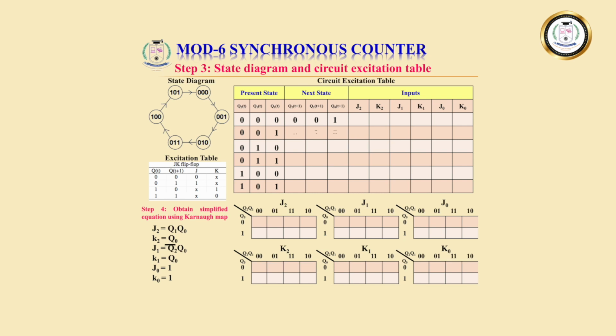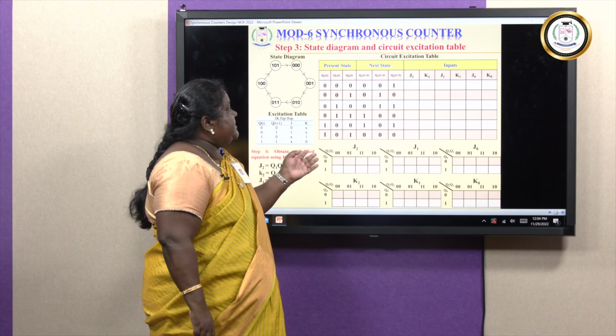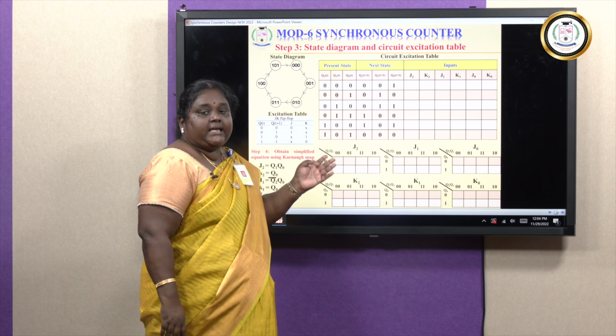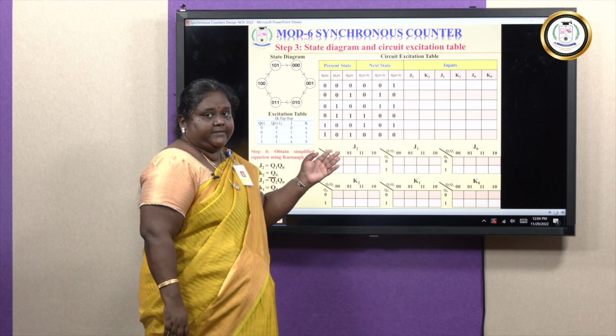In a similar fashion, we have to fill the next states for all the corresponding present states. So for 1, 0, 0, it is going to be 1, 0, 1, and for 1, 0, 1, it is going to be 0, 0, 0. Again, the first state. So now we have filled all the present states and the corresponding next states.